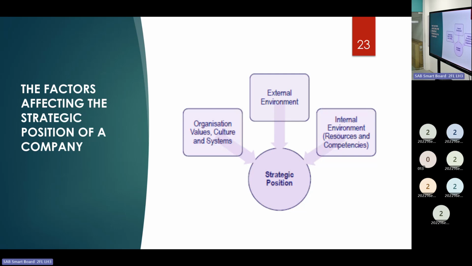Organization value, culture and systems: even though sometimes you may have resources and capabilities, certain actions the organization refuses to take because that is not within your value system. If it does not match the organization's value system and culture, then you may not go for that.